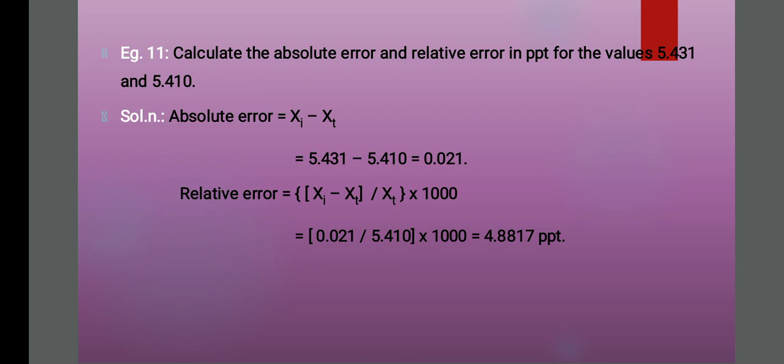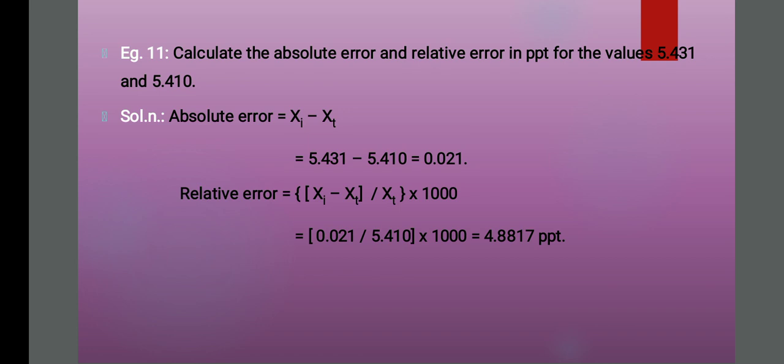We have to assume this because nothing is given over there. They have simply asked to find the absolute error as well as the relative error in PPT for the two values they have given. So if such problems are asked, you take the lower value as the true value and the higher value as the experimental value. How to calculate absolute error?